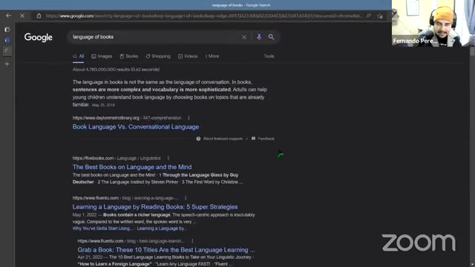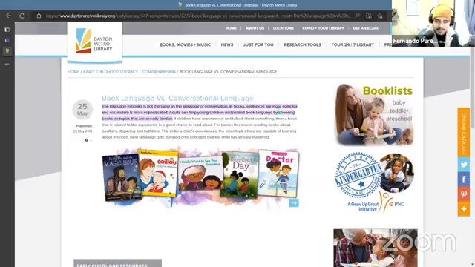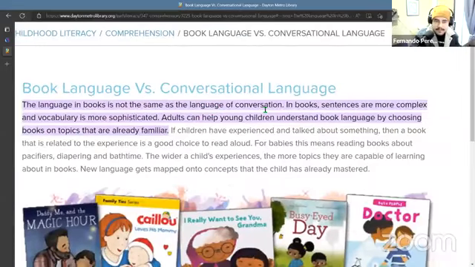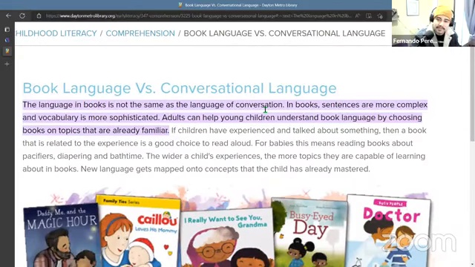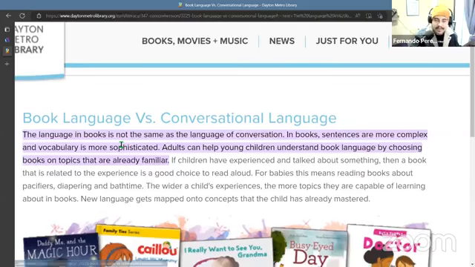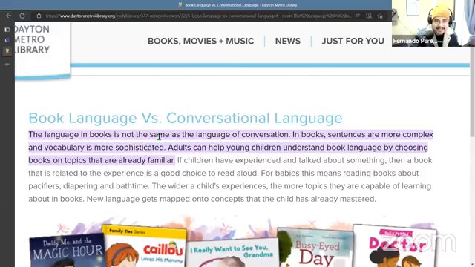I like this text. Look at this. The language in books is not the same as the language of conversation. In books, sentences are more complex and vocabulary is more sophisticated. Adults can help young children understand book language by choosing books on topics that they are already familiar with. This particular part is precisely saying what we are looking for.